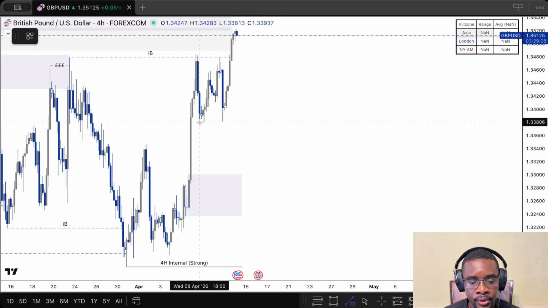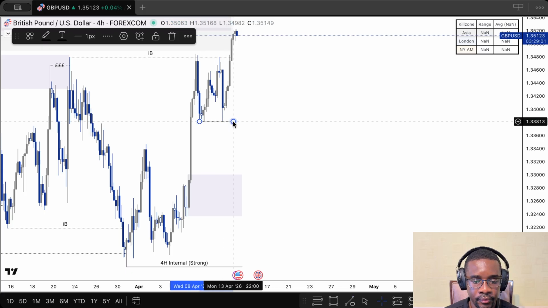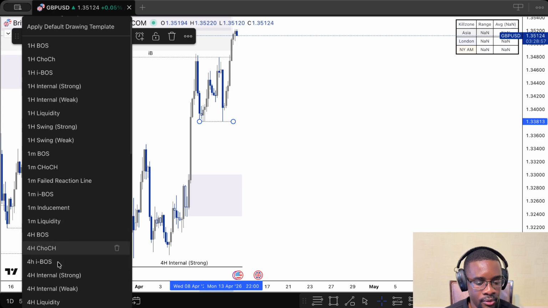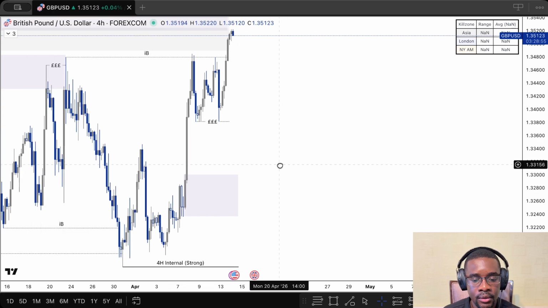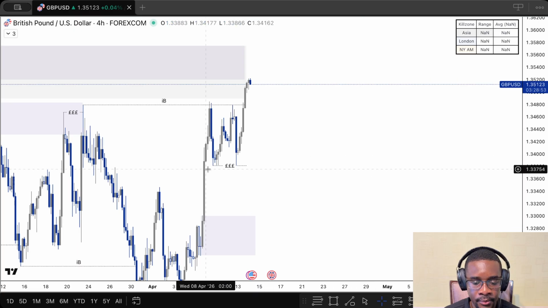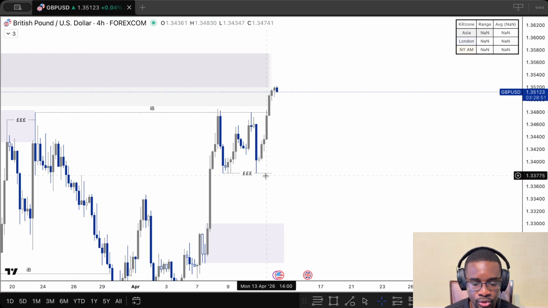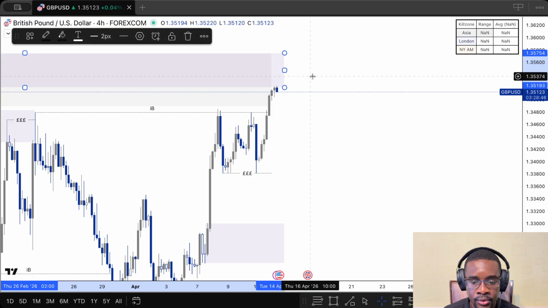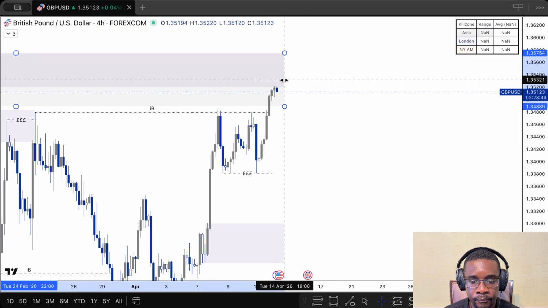Now clearly we do have relative equal lows. So price could come in to sweep these areas now that we have come into this area of supply.